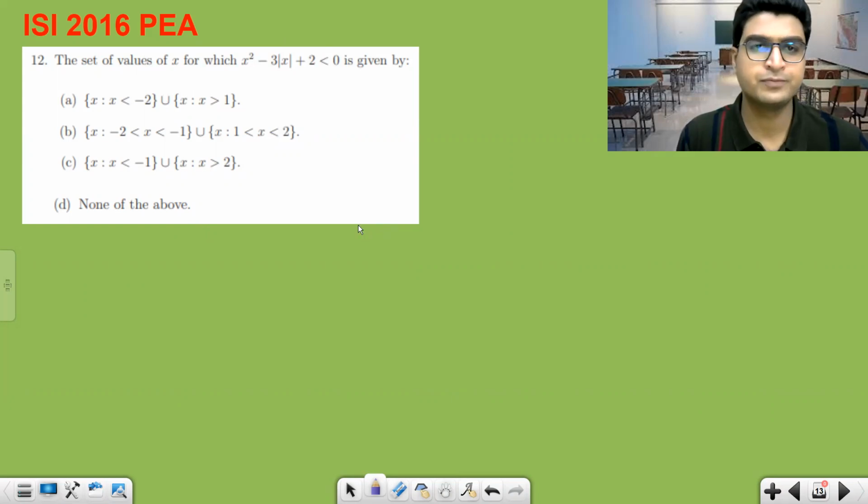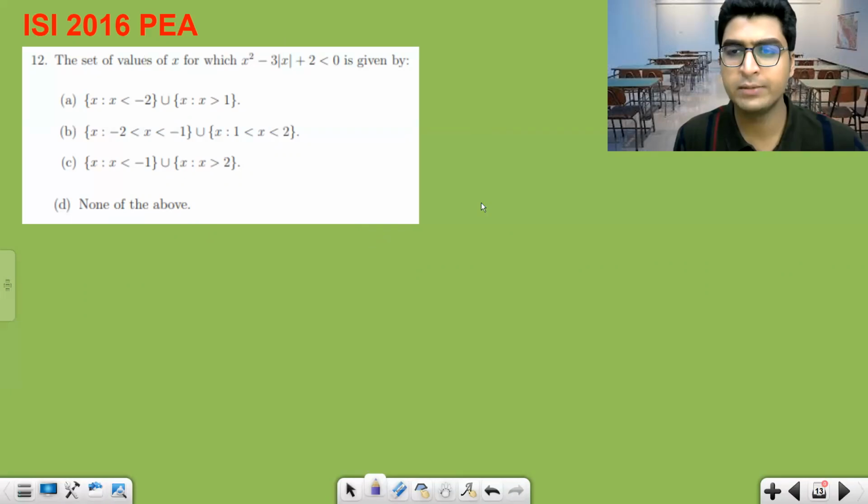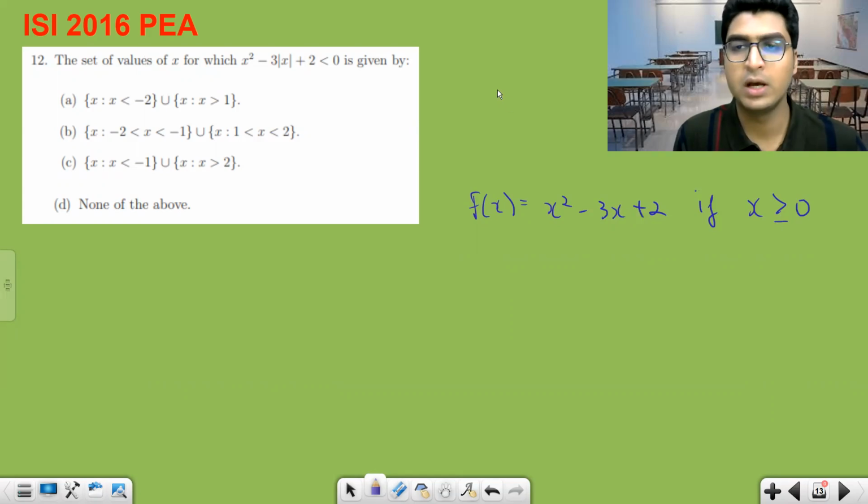So we can do it with different methods. One can be that you can define this function as x square minus 3x plus 2 if x is positive, okay, more than equal to 0. ठीक है, simply मैं mod x को, we know that mod x can be written as x if x is more than equal to 0 and minus x if x is less than 0. ठीक है, and this equality can be included here or here or both.